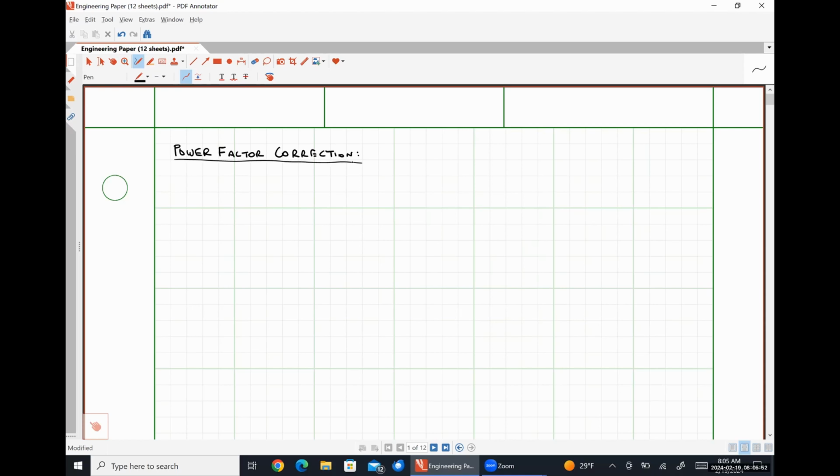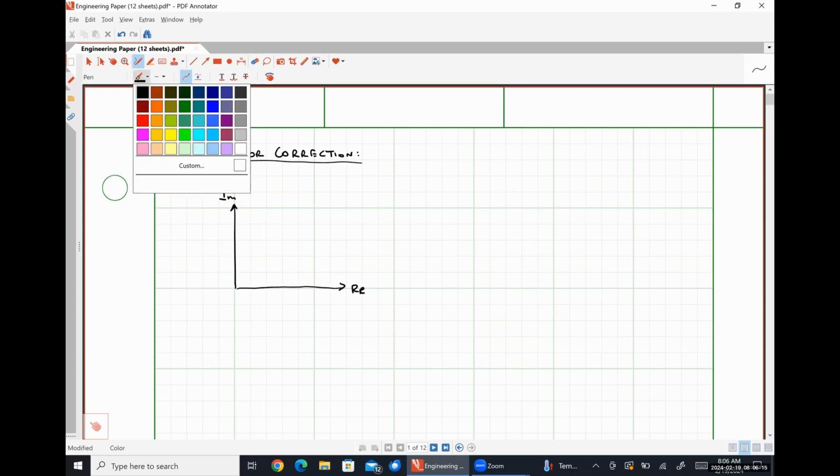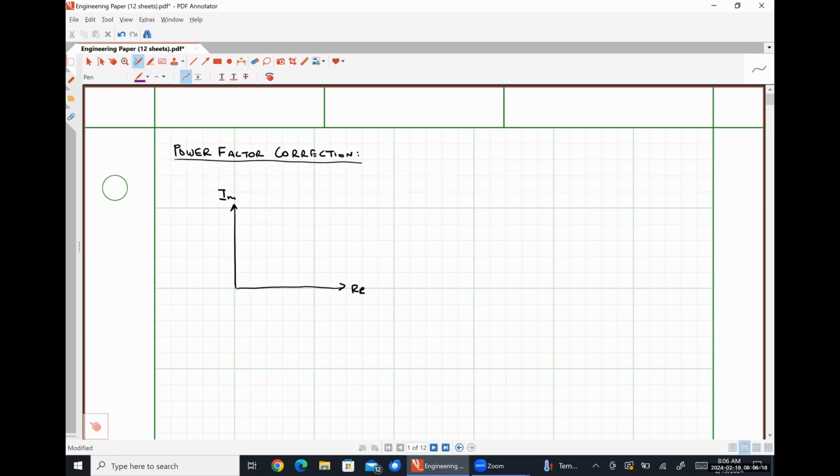So I'm going to draw a power triangle for a large inductive load, right? So here's my imaginary axis. Here's my real axis. Let me make that line a smidge straighter. And here is my complex power, S, and I'm going to call this S old, representing the complex power prior to our applying a power factor correction technique.